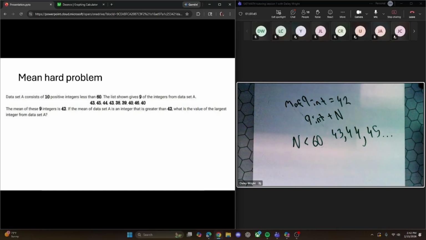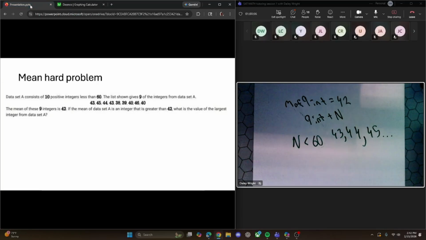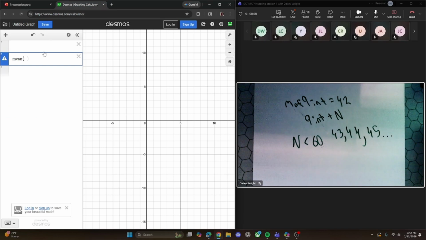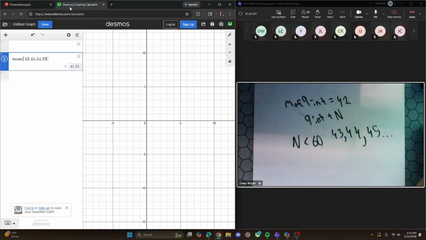What I'm doing here now is, since it's asking for the largest integer from dataset A, I'm putting mean and then the numbers 43, 45, 44, 43, 38, 39, 40, 46, and then 40.